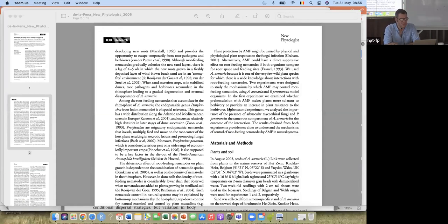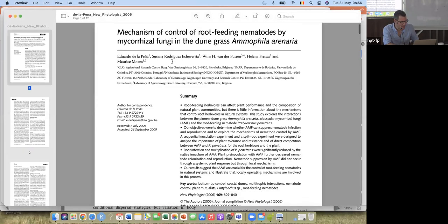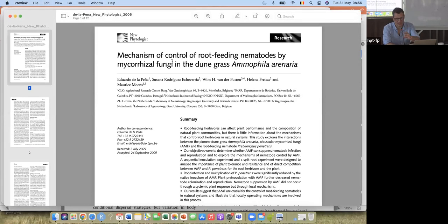Okay, so you see on screen, I decided to use a paper of my own, because if we have to check papers or criticize a paper, it's better to use my own. This is a paper I published. It was the first paper I published for my PhD.